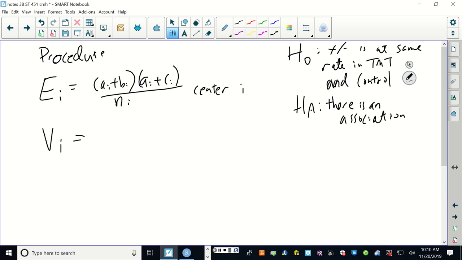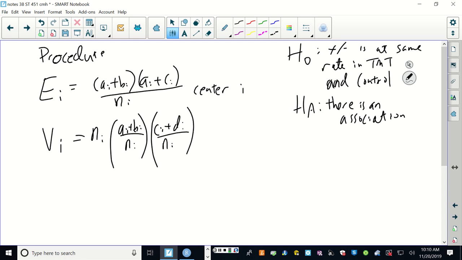The variance gets estimated as, it's a longer formula, AI, so this proportion times this one, and then (AI plus CI) over NI, and then (BI plus DI) over NI.